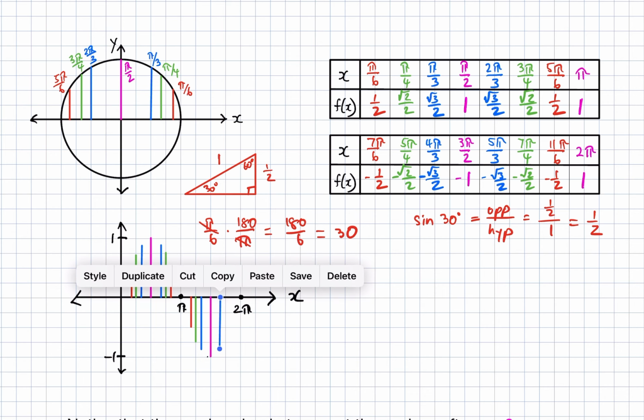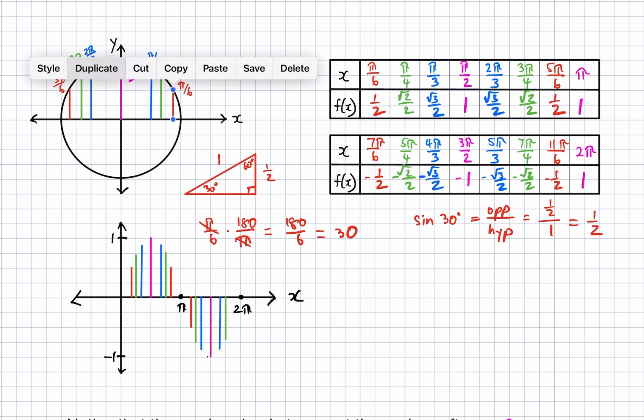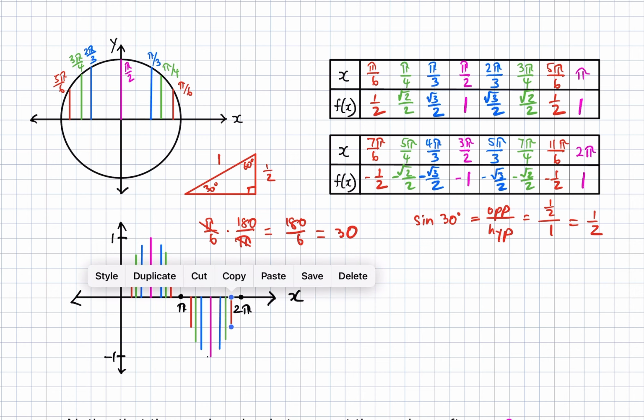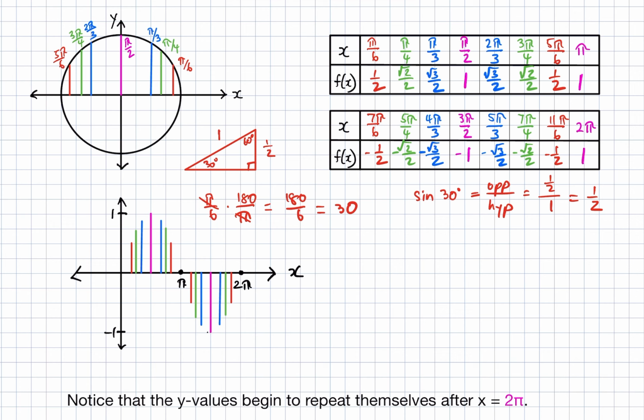And then 5 pi over 3 puts us there. 7 pi over 4 puts us about here. And then 11 pi over 6 puts us about there. Okay? All right, so what you'll see here is essentially the sine curve. So let's go ahead and connect these.